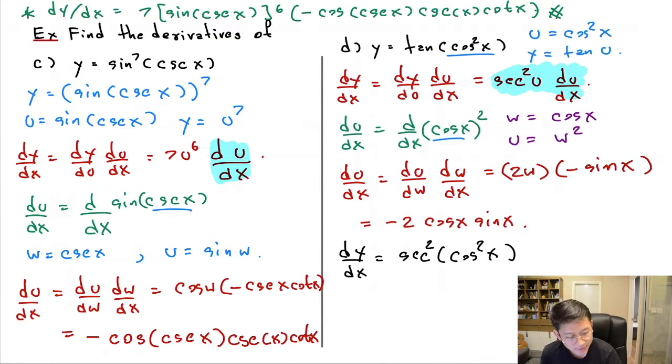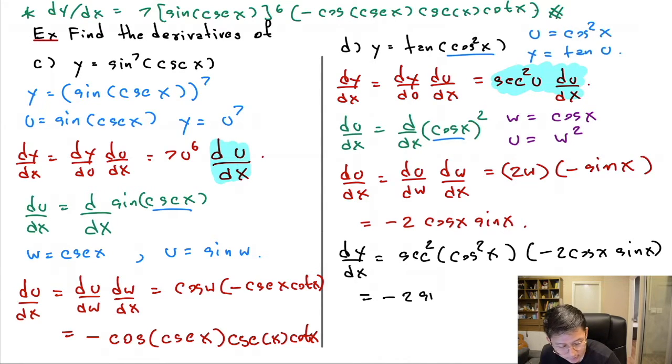Du by dx is minus 2 cos x sine x. So we can write it as minus 2 sine x cos x sec squared cos squared x, like that.